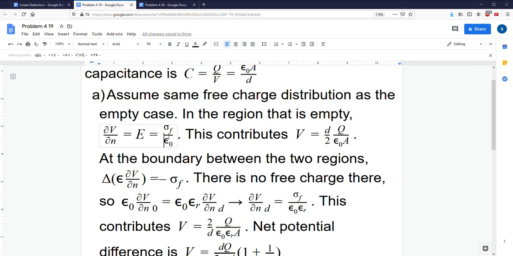If you recall, that rate of change was sigma F over epsilon naught. So the rate of change of potential inside the dielectric material is sigma F over epsilon naught epsilon R. That too happens over a distance of 1/2 d.